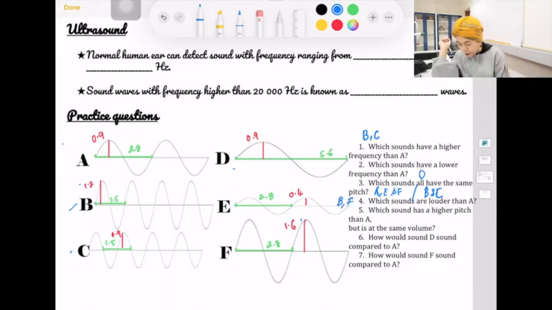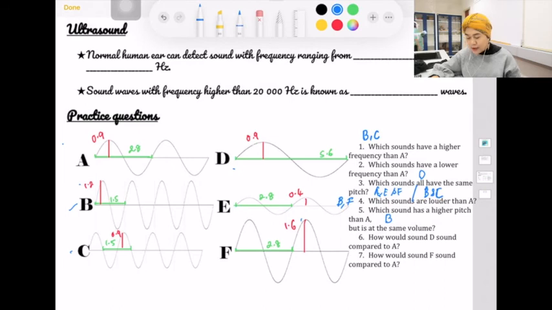And then question 5, which sound has higher pitch than A but the same volume? Higher pitch than A means higher frequency, which is B and C. And higher volume is B because it has a 1.2 amplitude. So your answer for 5 should be B. Okay.